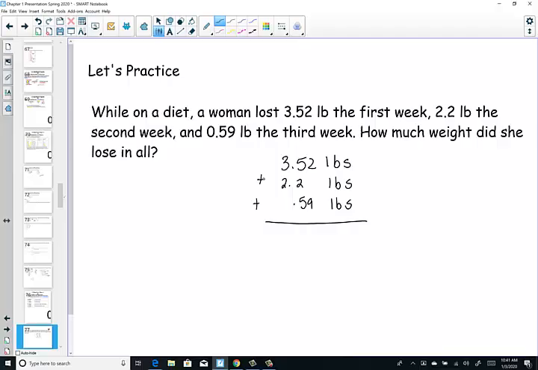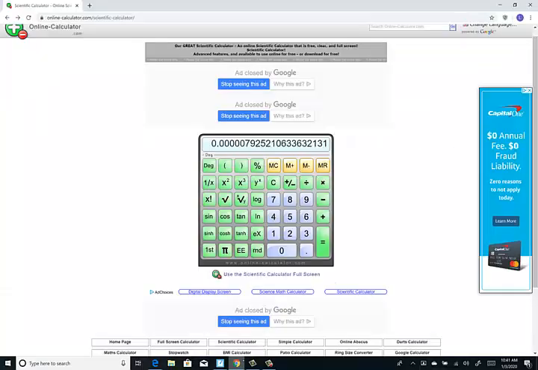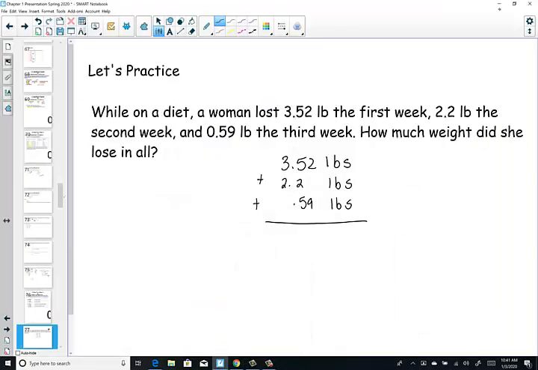So that's all I've done. I used my calculator, but I can share with you what I'm hitting there. It was 3.52 plus 2.2 plus 0.59. And the calculator reads 6.31 and then a whole lot of zeros. So 6.31 pounds. Now, how are we to report that using the proper number of sig figs?